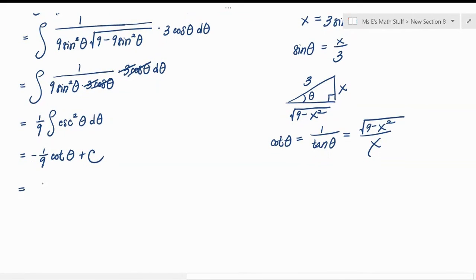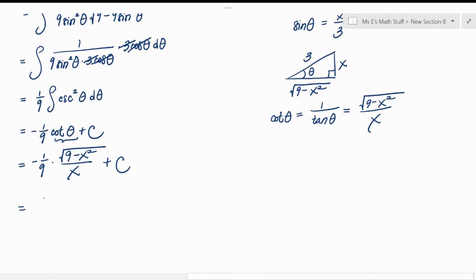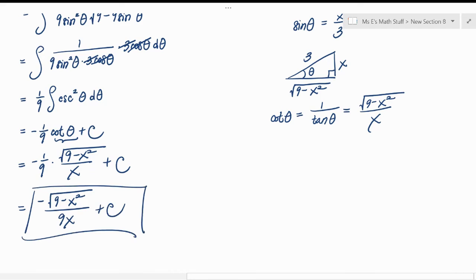And now I'm going to use that to write my answer. Cotangent theta can be swapped out for the square root of 9 minus x squared over x. And so maybe I'll just write it a little cuter. There we go, my friends.